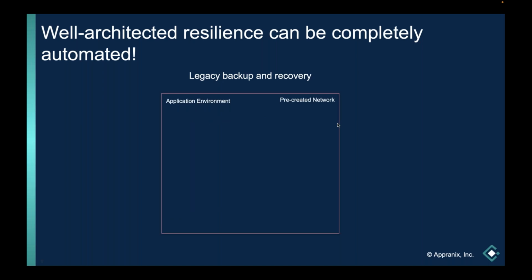Think about it, right? If you have an application environment, and just assume that this environment has a bunch of configured networks and VPCs created, all your security groups and all the routes and everything is pre-configured. This is a huge assumption. Think about it, right?